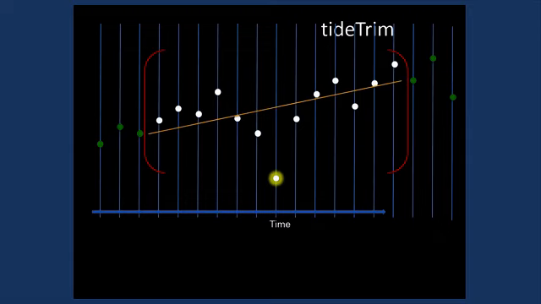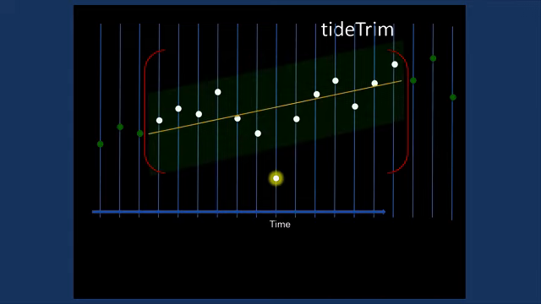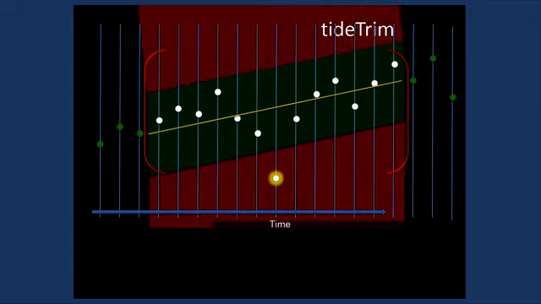And then we make a little box that's one standard deviation or whatever we want. We can actually define what we want. I think I set it to 1.5 standard deviations away from this yellow line. So that's the test. Is it in the box or out of the box? It looks like it's in the red zone, so we eliminate it. Okay.